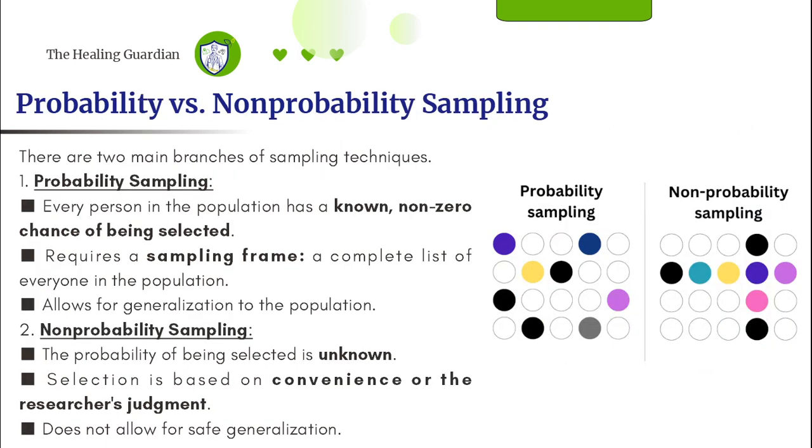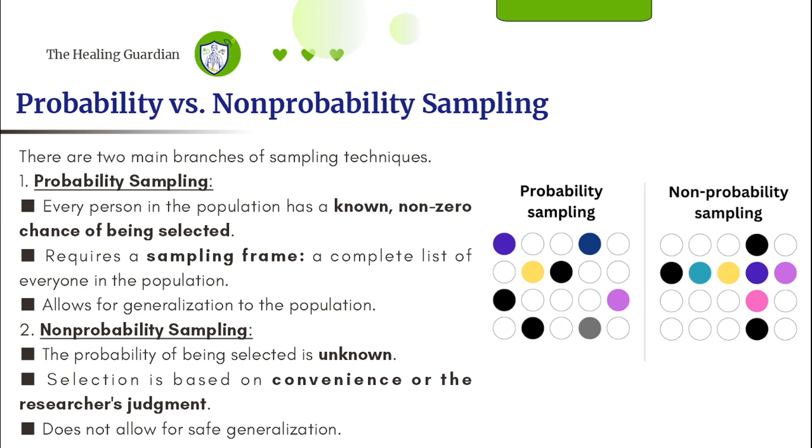There are mainly two types of sampling in research: probability and non-probability sampling. Probability sampling is any method where every person in the population has a known non-zero chance of being selected. That the people who are participating have a known chance of being selected.